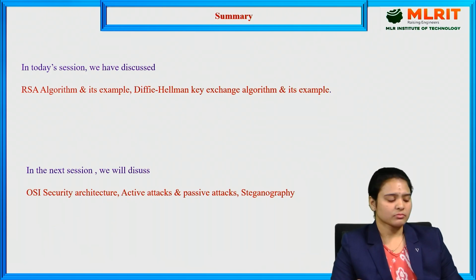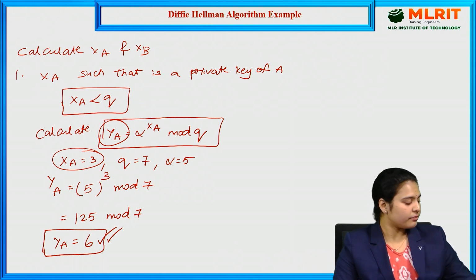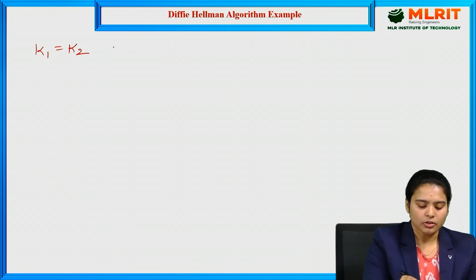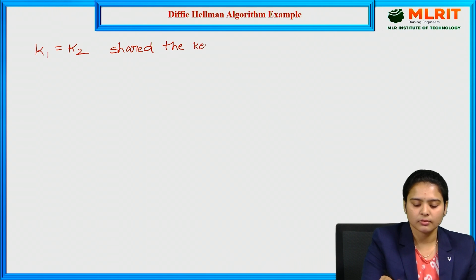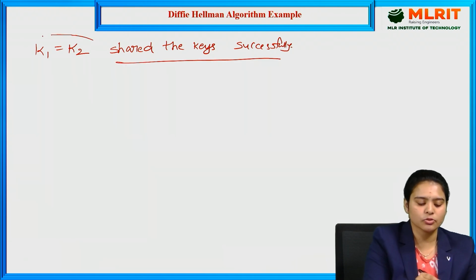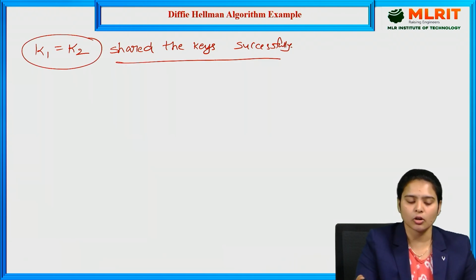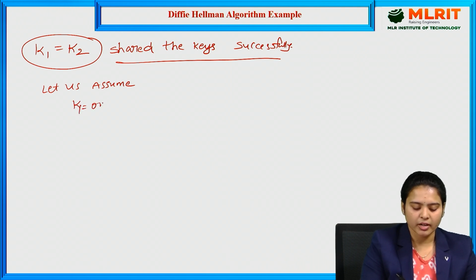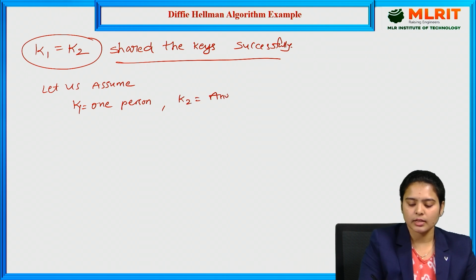So in the last process, we need to check whether K1 equals K2, that is, whether the keys are shared successfully or not. Let us assume K1 belongs to one person and K2 to another person.